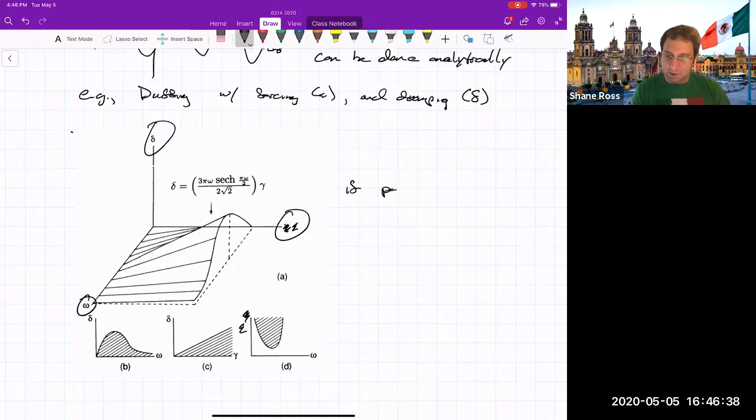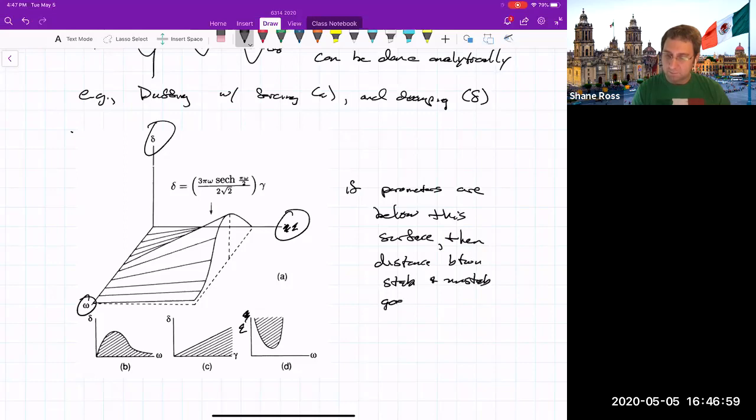So if the parameters are below this surface, then the distance between stable and unstable manifolds goes to 0, which implies chaos.